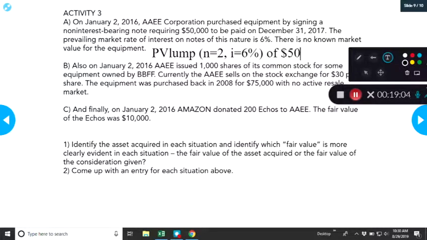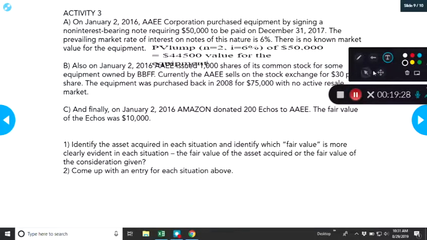Of the 50,000, when you do that, you essentially get 44,500. So that is the more clearly evident value, the value we're going to use for the equipment.